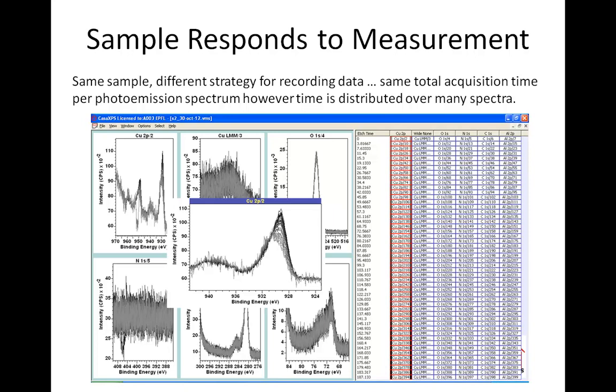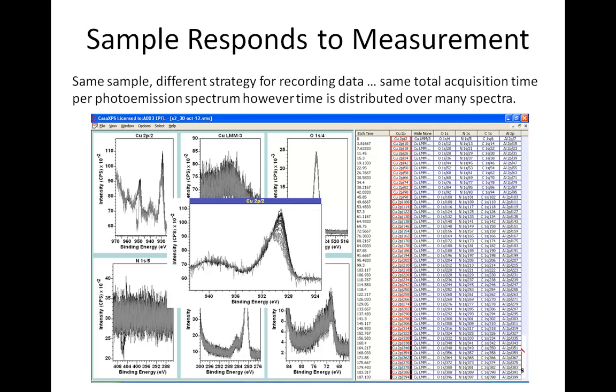And when we do this, instead of having a single spectrum for the copper 2p, we have many spectra, and when we look at these spectra, we can see that an evolution is occurring throughout the time period that corresponded to that previous measurement where we had a single average spectrum.